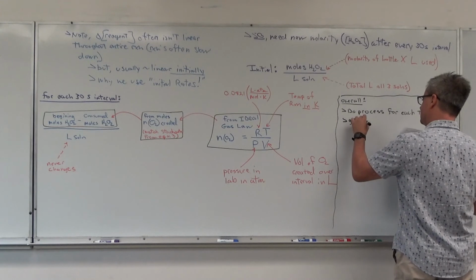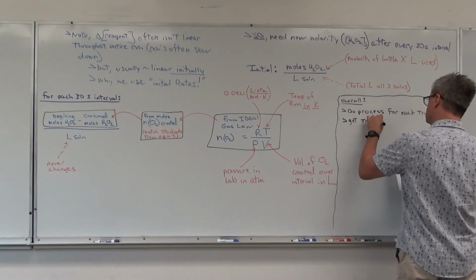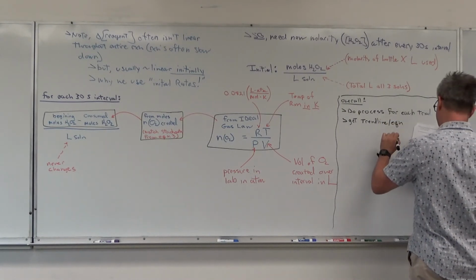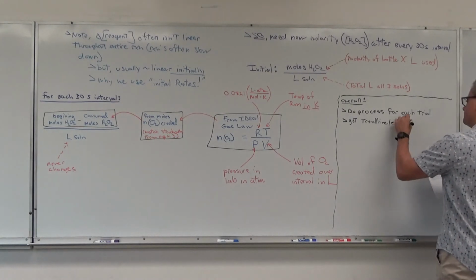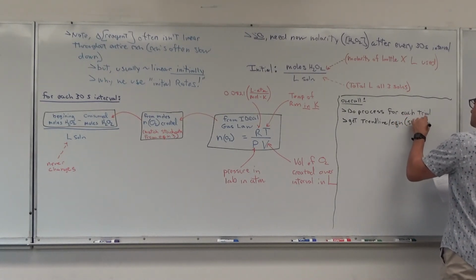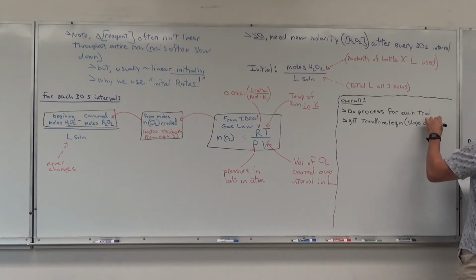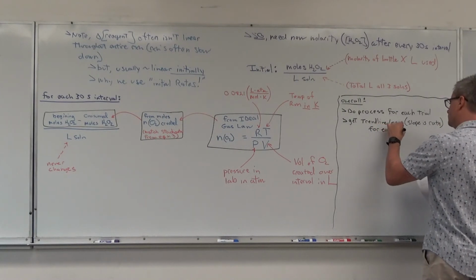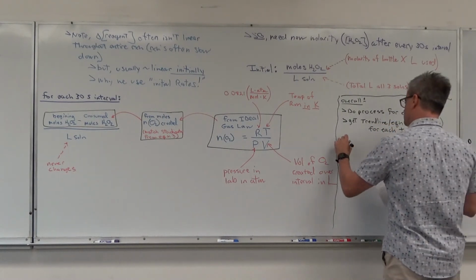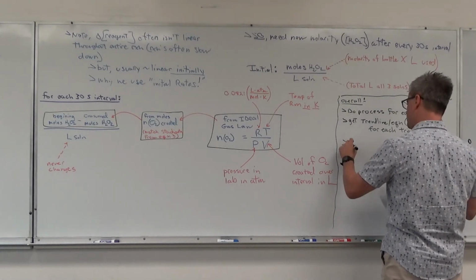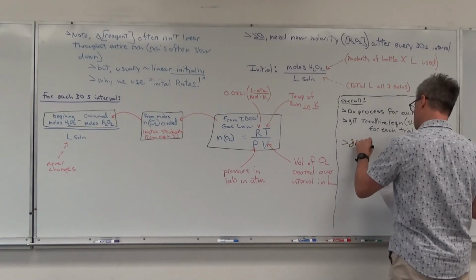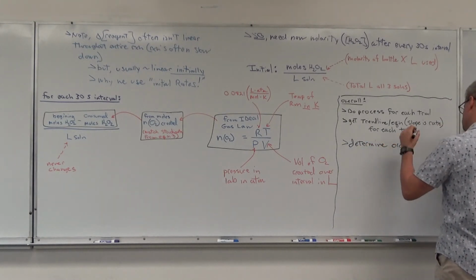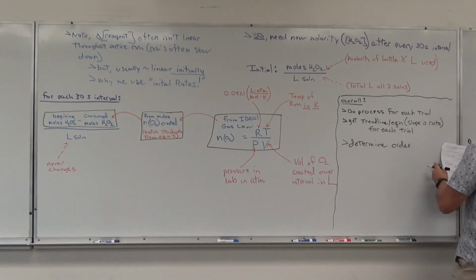Get the trend line. Okay. Equation. Slope is the rate, okay, for each trial. And then determine the order, kind of just the way we did in experiment 1.